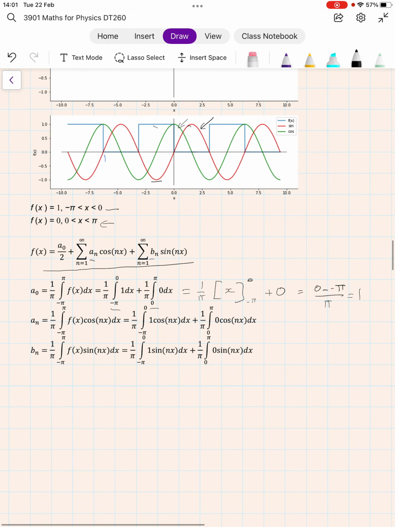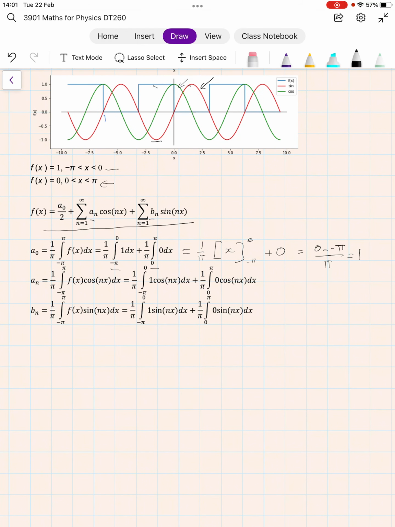So that's our first component. a_n is equal to 1 over pi integral from minus pi to 0 of cos nx times 1 dx plus 1 over pi integral from 0 to pi of 0 times cos nx dx. So immediately we can just get rid of that part. So we integrate this.